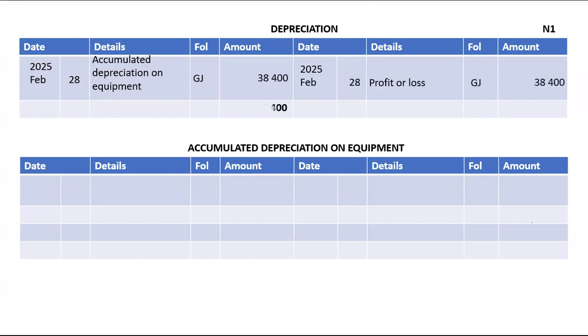With accumulated depreciation, it is a minus. The balance of accumulated depreciation at the beginning of the year will be 115,200. We're going to add depreciation of both assets, which is that one over there.